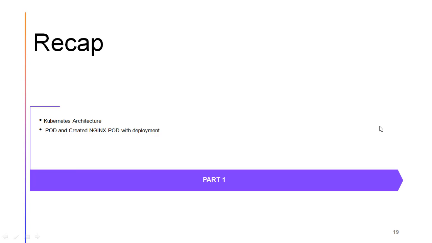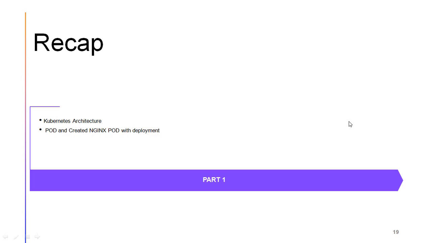To verify, we executed a curl command inside the container, got a shell inside it, and through curl we were able to access Nginx on port 80. So that's all we did in the previous video.